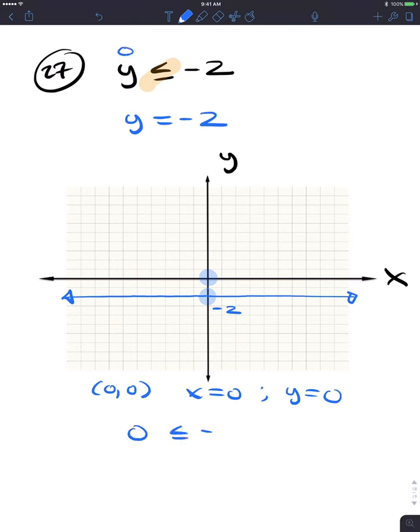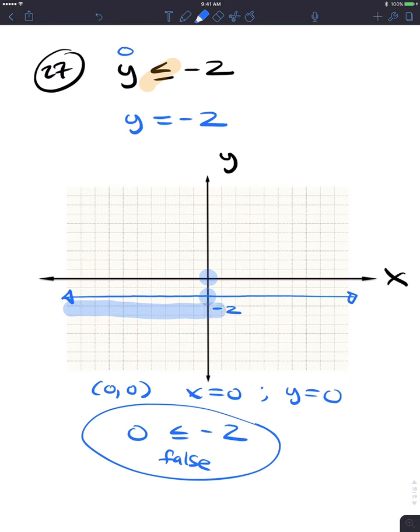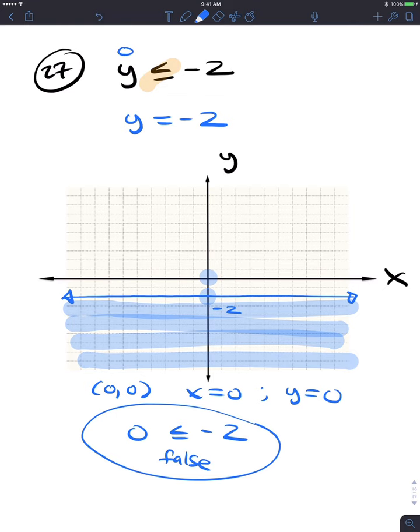I have just a y coordinate, which means 0 is less than or equal to -2. Again, this here is a false statement. 0 is actually greater than -2. So we're going to shade the region that does not include our test point, which is below this solid line. We're done.